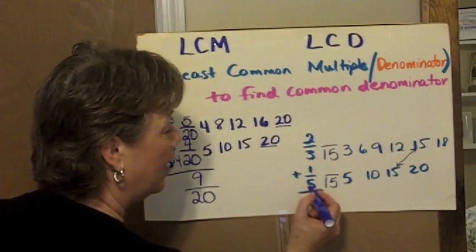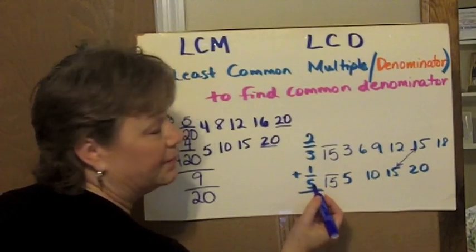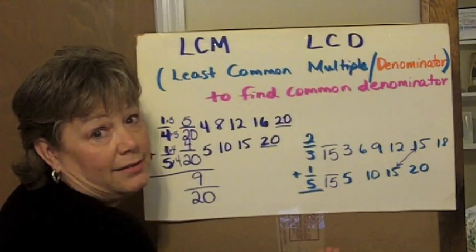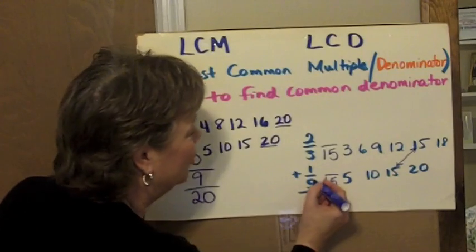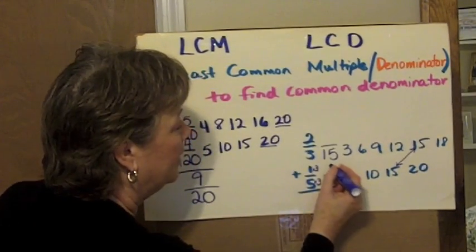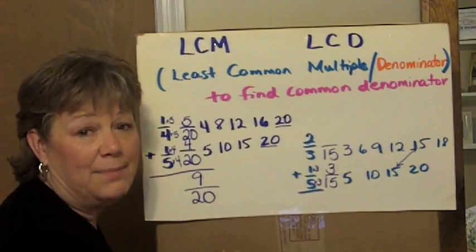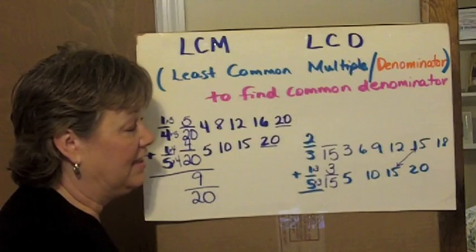If I'm changing the denominator, I must change the numerator. 5 times what gives me 15? 3. You knew it. And 1 times 3 gives me 3. So I know that 1/5 is the same thing as 3/15ths.